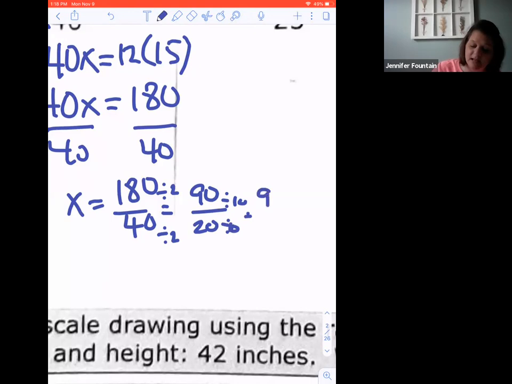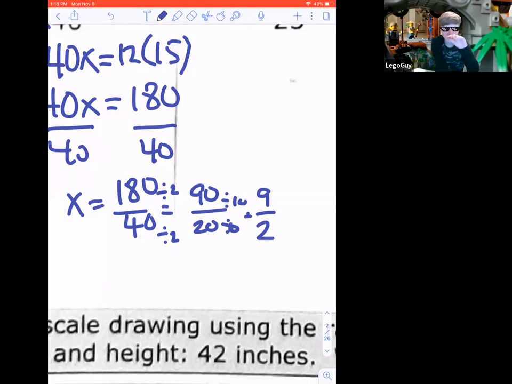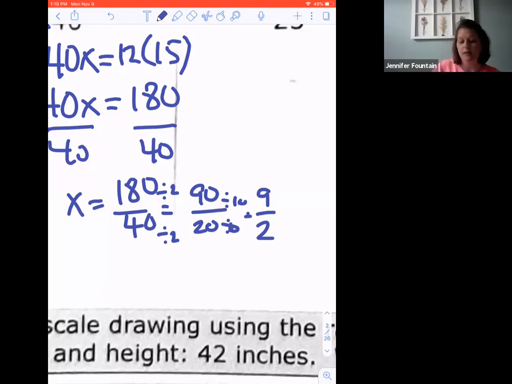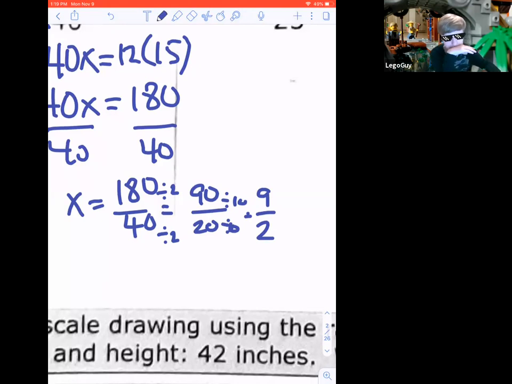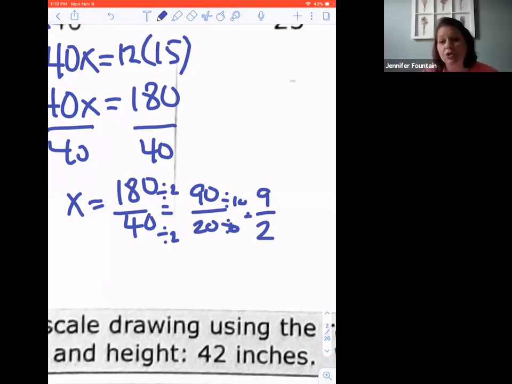And I can see that I would have 9 over 2. Okay, so either way that you want to simplify, you just want to make sure you've got it in simplest form. I reduced the top fraction because 15 became 3 and 40 became 8, which made it a lot easier. Yeah. The bigger number you divide by, the less work you have to do. Yeah, if you get the bigger number right off the bat, then it's going to be easier.